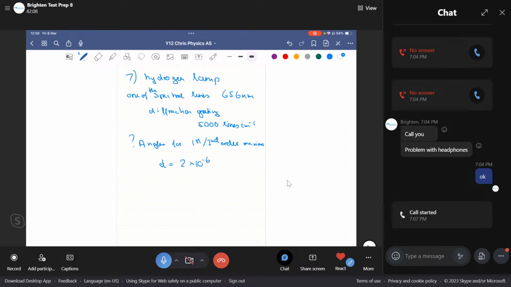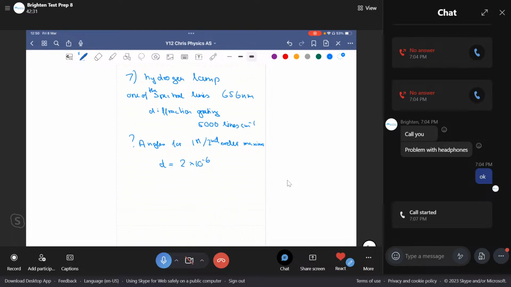It's a bit like the period and the frequency, the same thing, just the inverse. If you have 5,000 slits per centimeter, then the inverse of that is just the distance.